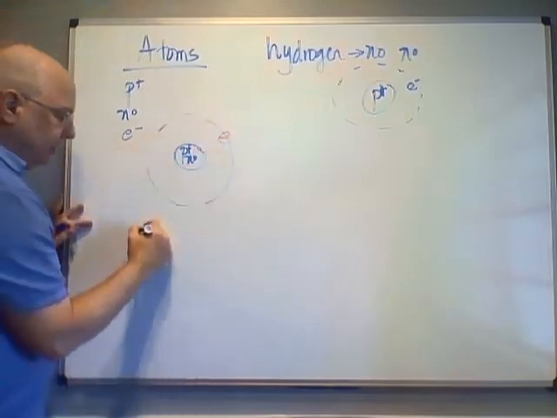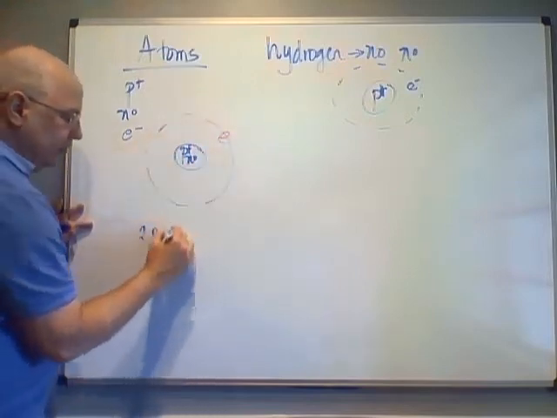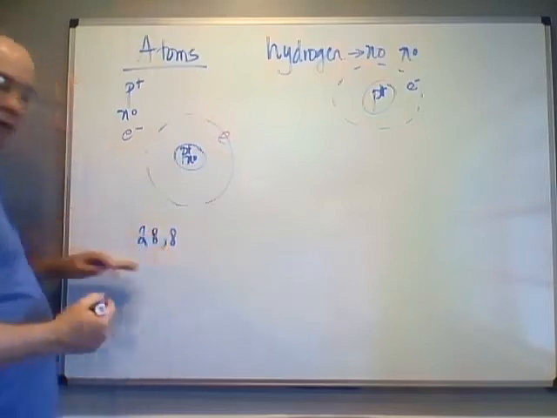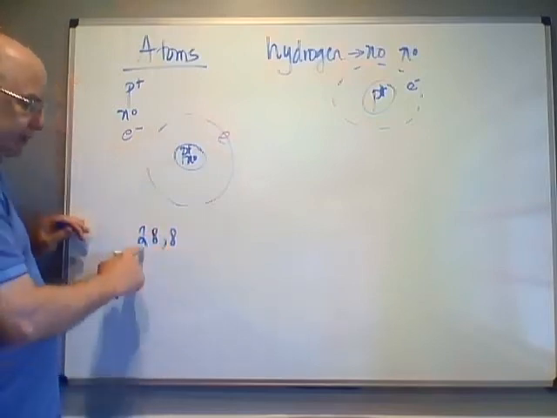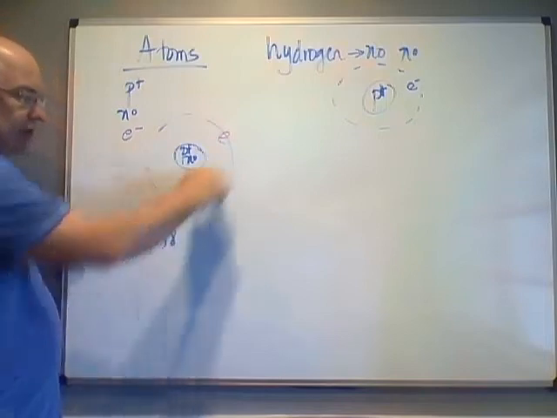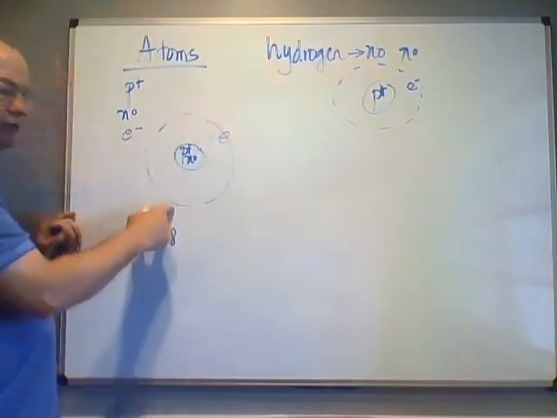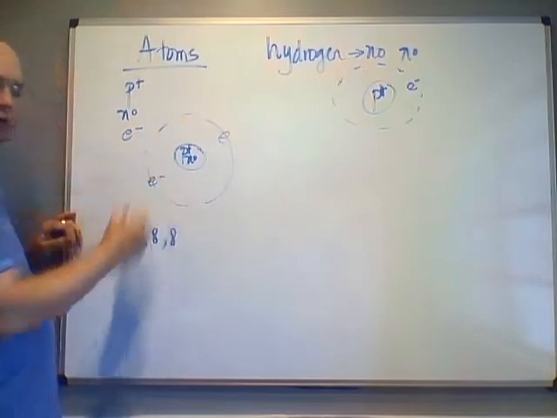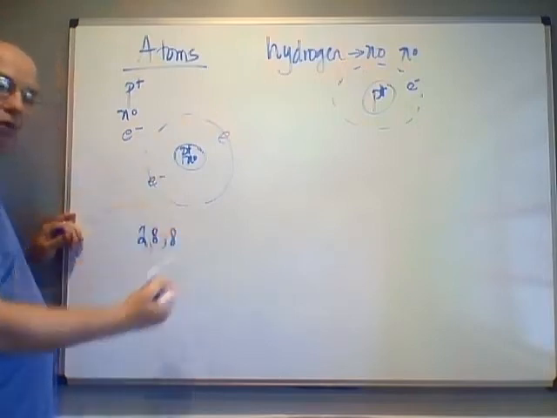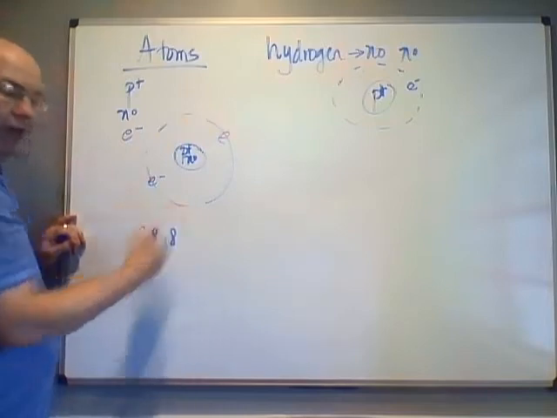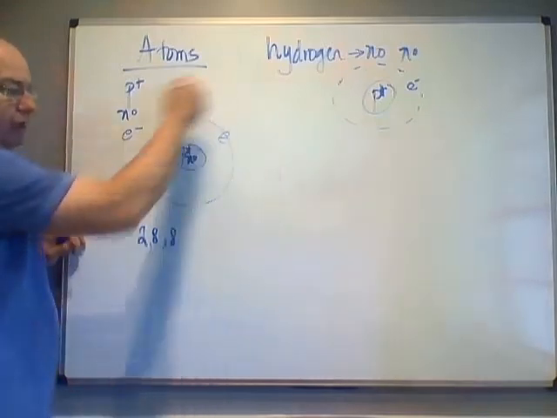If you recall early on, we had what was called the 2-8-8 rule for some of the more simple atoms. This is the number of electrons that can share the same orbital. The first orbital can hold up to 2 electrons. If we have any more, then we have to create another orbital.